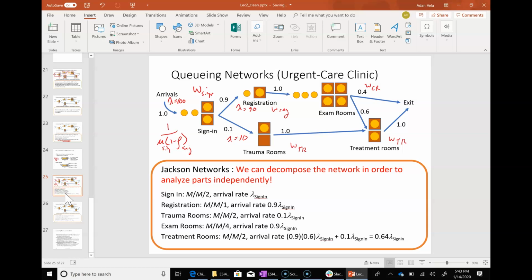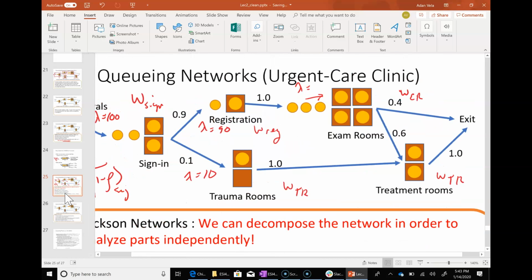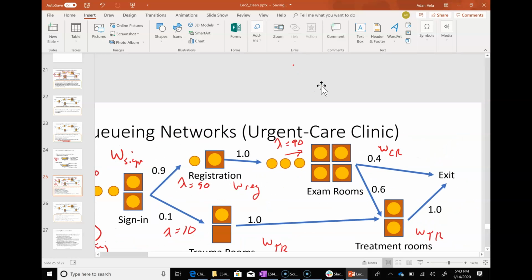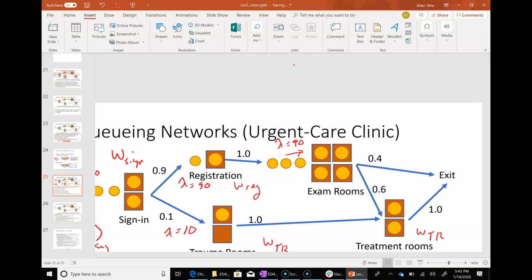Likewise, what's the rate into the exam room? 90. If 90 go into the exam room, how many are going into the exit? Say it in words. 0.4 times 90.